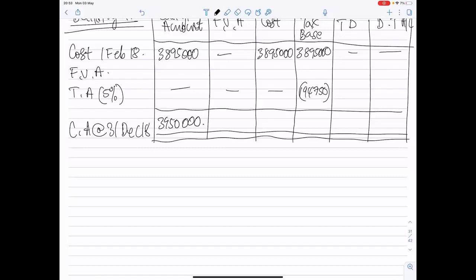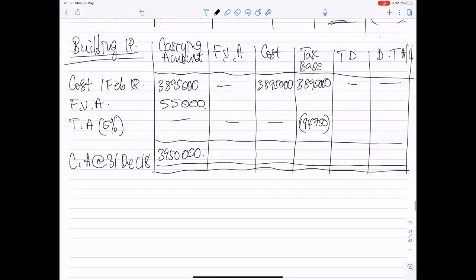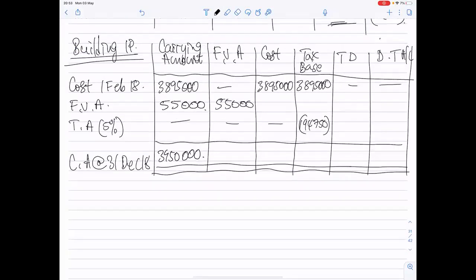There was a fair value adjustment of 55,000. Cost, there is no fair value adjustment. SARS does not recognize that. So we have 55,000 there and 194,750.